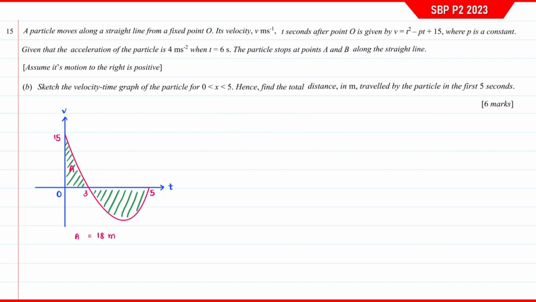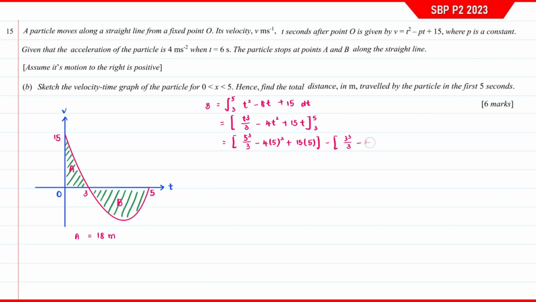Next, for the part from 3 to 5 seconds, we label this as part B. Then B is equal to the integral from 3 to 5 of the same equation. So here we get 5 cubed over 3 minus 4 times 5 squared plus 15 times 5, then minus 3 cubed over 3 minus 4 times 3 squared plus 15 times 3.